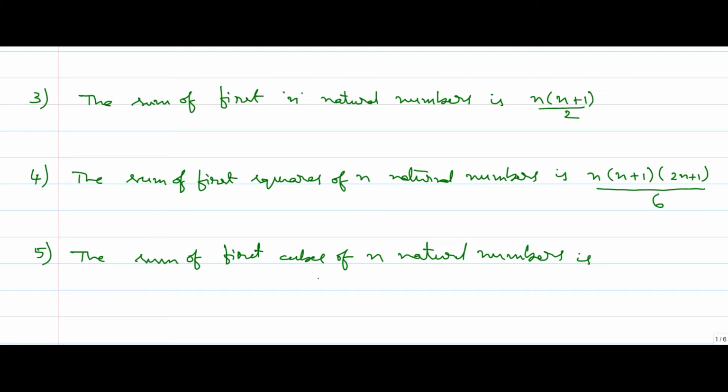Similarly, the sum of the cubes of the first n natural numbers is n square into n plus 1 whole square divided by 4.